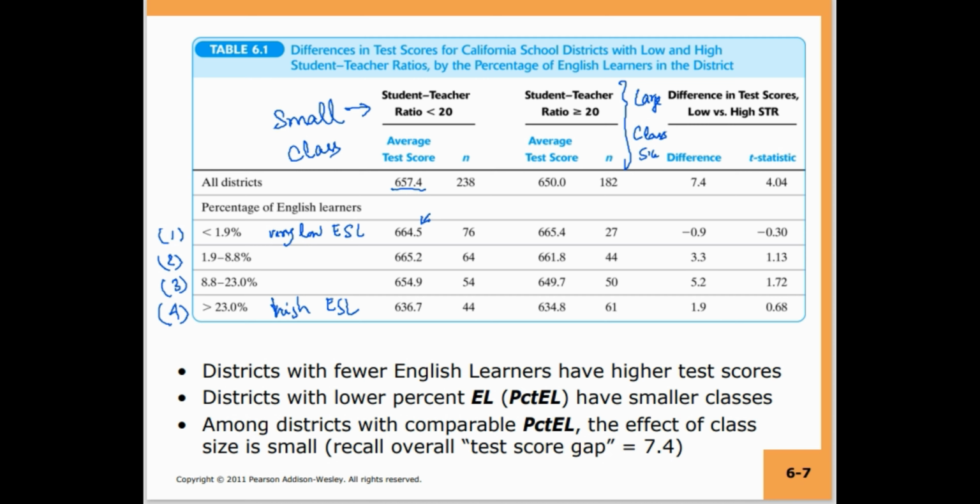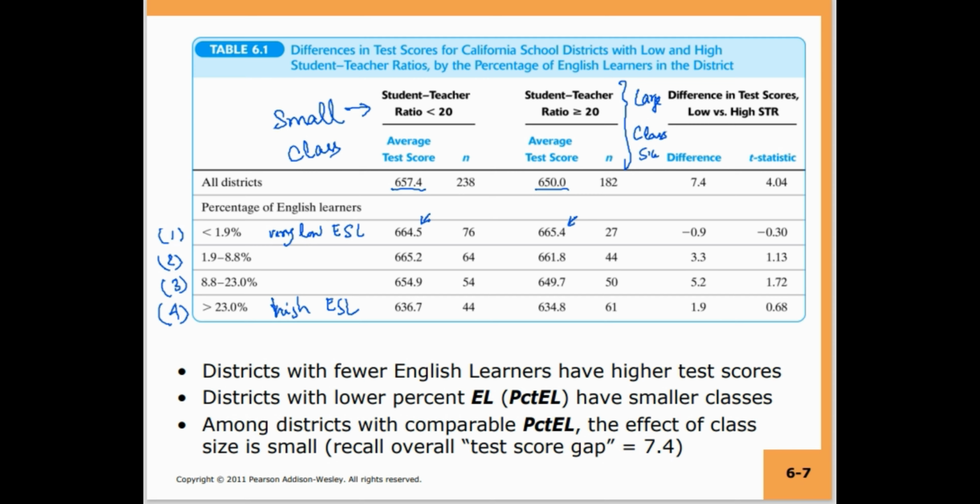And in the large class sizes also, they are doing quite well compared to the mean of the entire large class section. So in both of these cases, when English learners is small, they are doing better than the mean.